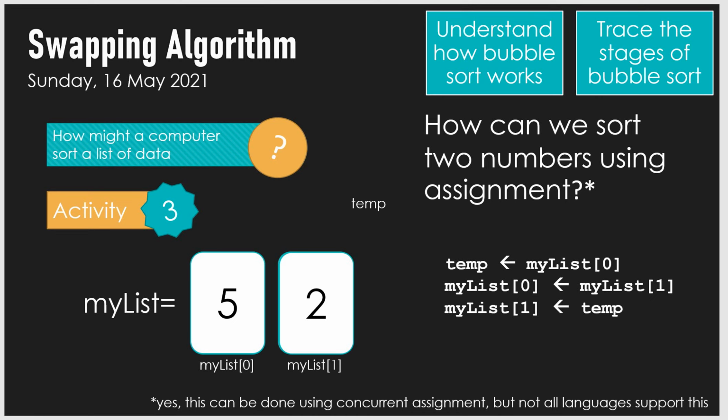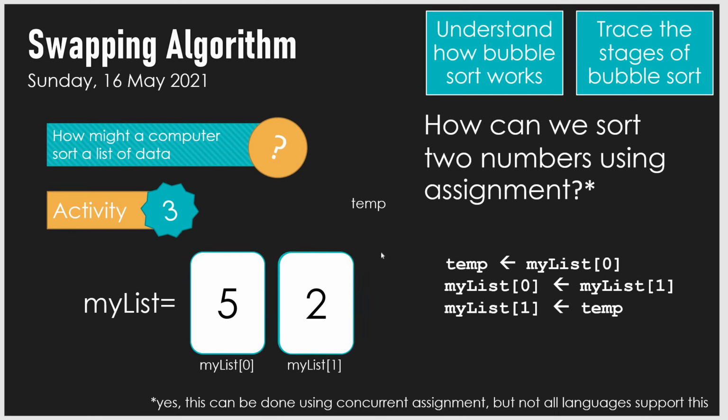So this algorithm here that you can see shows you that we're going to need a temporary variable for this swap algorithm. Now, you can name this variable whatever you want. It doesn't have to be temp. What's important for you to understand is that whatever the data type of the two values that you're trying to swap is, temp has to be the same data type.